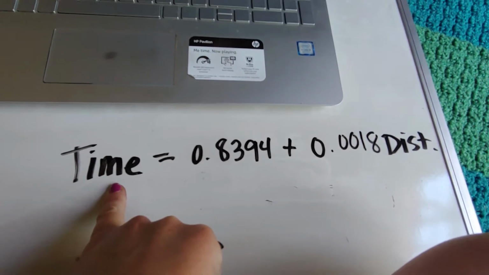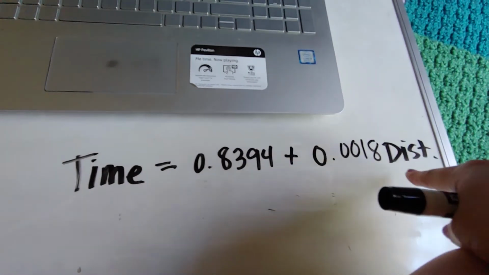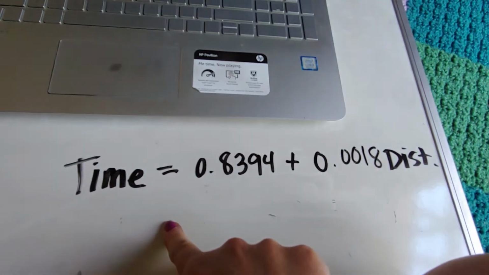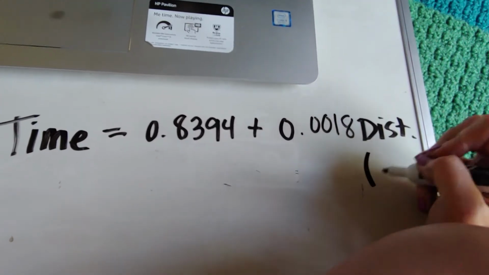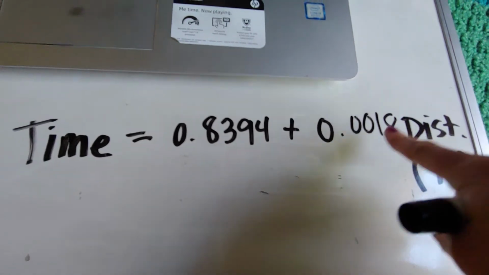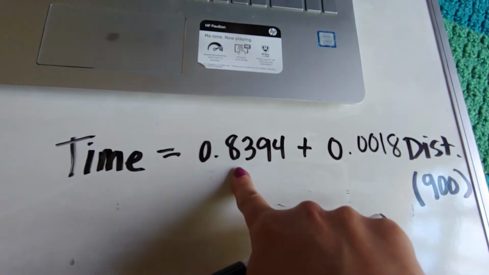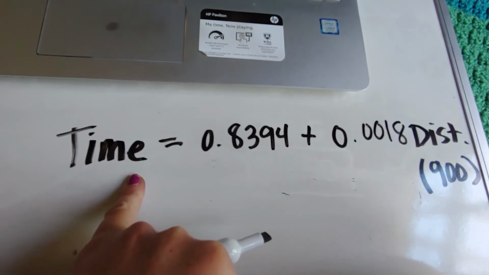Okay, and these are all relating to the city of Boston. So if I wanted to know how long it would take to fly and the distance I was flying was, let's say, 900 miles, then what I would do is take 900 times this number, add this number, and it would give me the approximate time in hours of that flight.